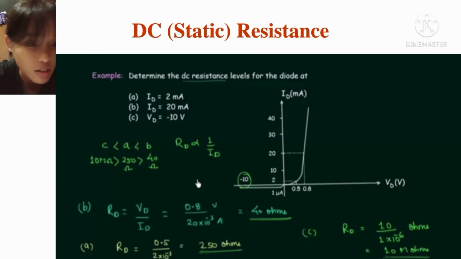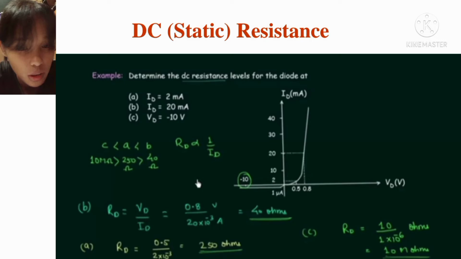And for letter C, resistance is equal to 10 divided by 1 times 10 to the power of negative 6. We got this 1 times 10 to the power of negative 6 in the graph for the negative 10 volts. So this is equal to 10 megaohms.